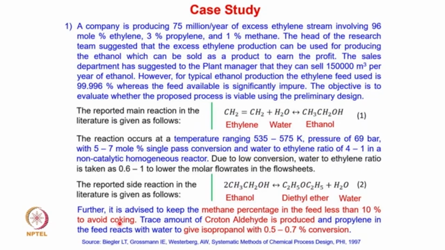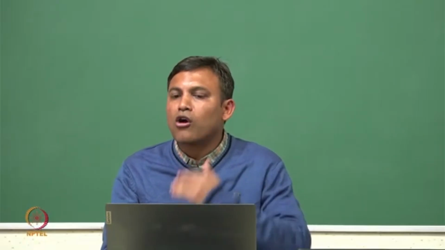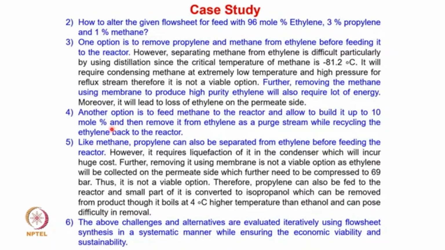So we can feed the methane to the reactor directly instead of separating, and we can allow it to build up, and we have to make sure that the amount of methane in the feed should not go beyond 10%, and then the methane can be removed from the product stream as a purge, isn't it?